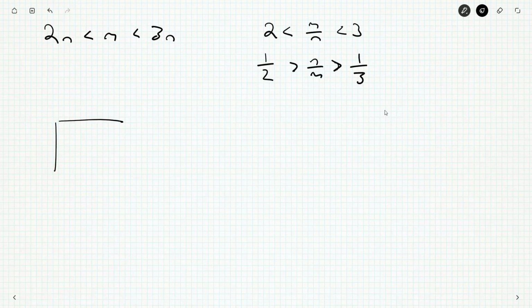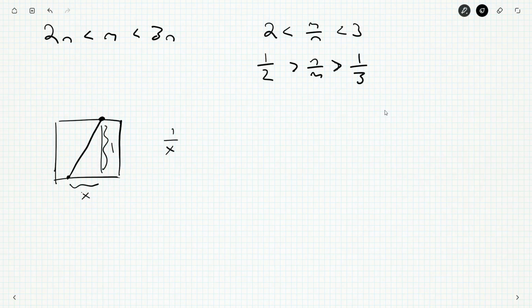Well, if I'm crossing through a square, I will never go from the bottom to somewhere on the top. I will never have a height of 1 because if 1 is the rise, then the run would have to be, I don't know, call it x, and 1 over x has to be less than a half, but x is less than 1.